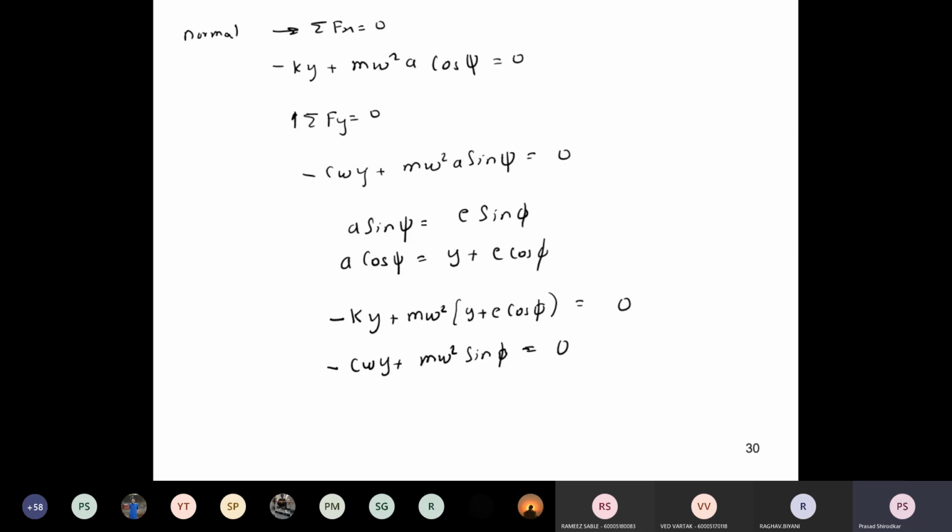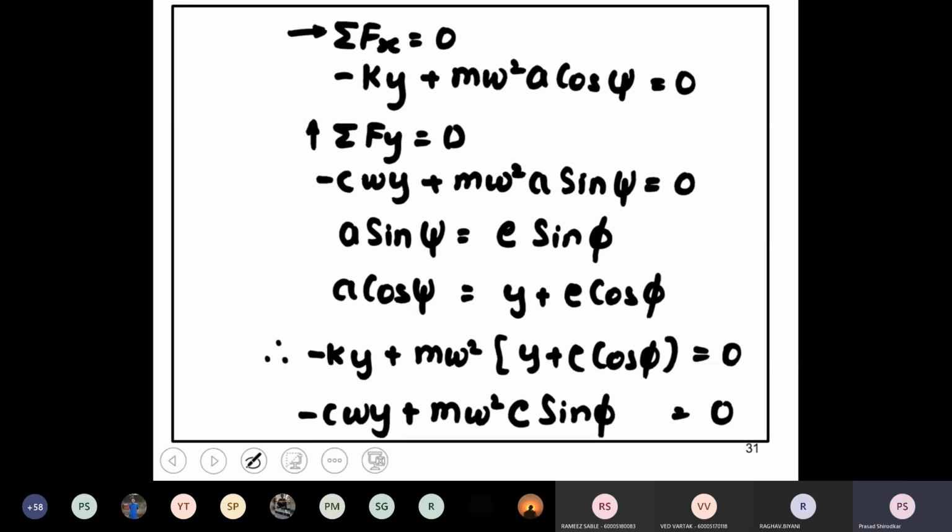So I have converted both equations in terms of phi instead of psi. This is a summary of what we have just done. Now we'll rearrange the equations so that they come in our familiar format. I can write k minus m omega square times y is equal to m omega square e cos phi, and c omega y is equal to m omega square e sin phi.